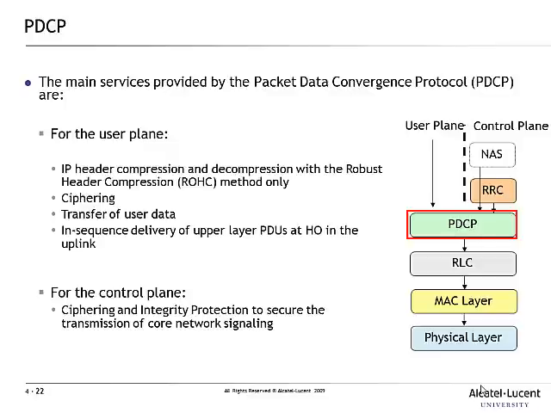And sometimes in the process of handovers, the upper layer PDUs could arrive in a different order to the order in which they were transmitted from the transmitter. So in that case, you need to rearrange the PDUs in the correct order before you send it up to the higher layer. And that's what is meant by in-sequence delivery of packets.